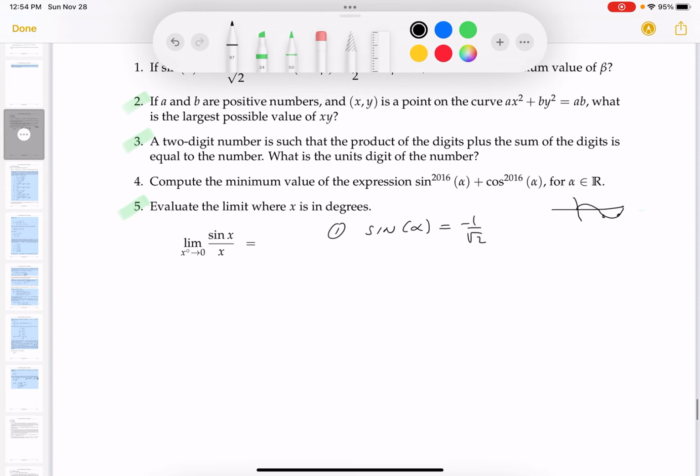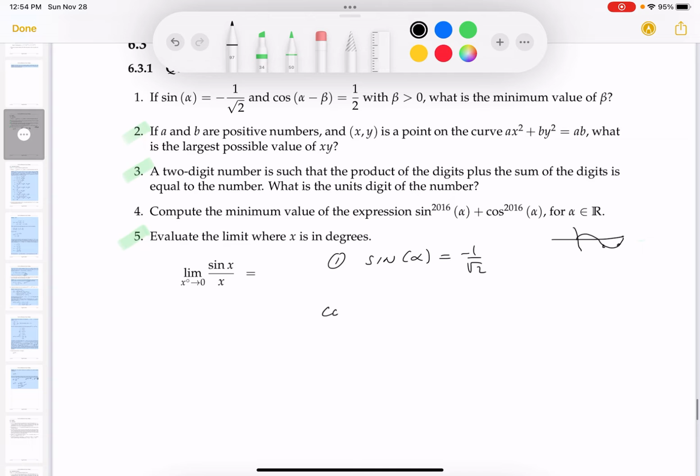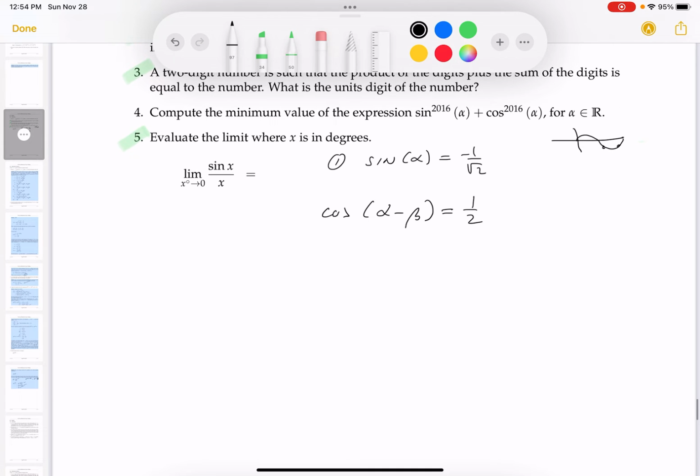And now I'm going to write down the cosine of alpha minus beta, and they say that's 1/2. I want to try to understand what that says, by the way. So I'm going to just expand it. It's cosine alpha times cosine beta plus sine alpha sine beta. And they said it's equal to 1/2.